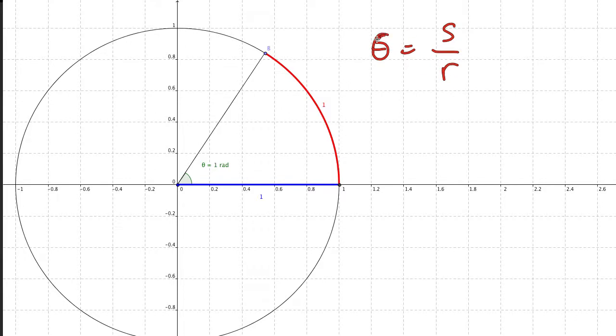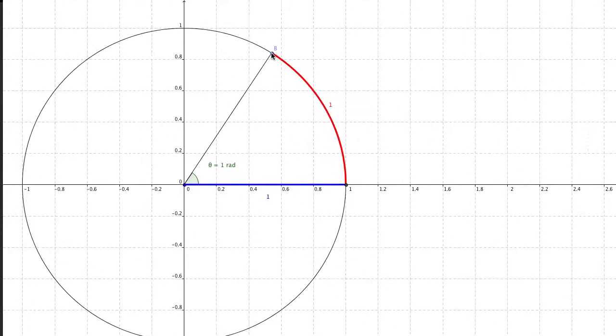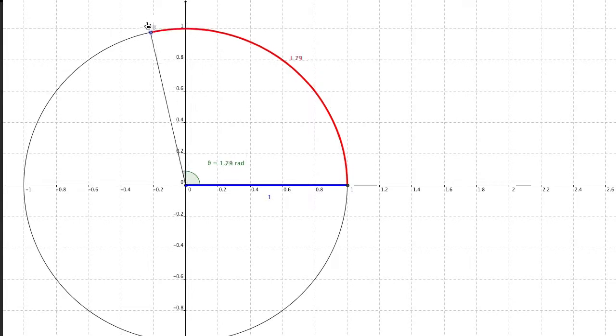Theta equals s over r, where s is the arc length and r is obviously the radius. So if I were to increase the arc length up to 2 on that same unit circle, I'm going to now have an angle that is 2 radians large.